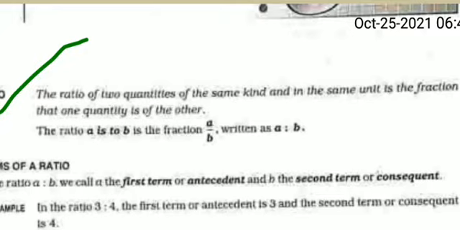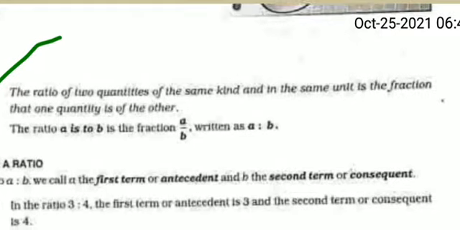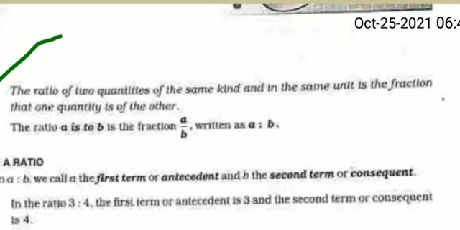So three conditions should be fulfilled. One, a ratio always belongs to two quantities. Number two, the quantities should be of the same kind. Number three, the quantities' units should be the same or equal. Then we can say that a ratio is formed.